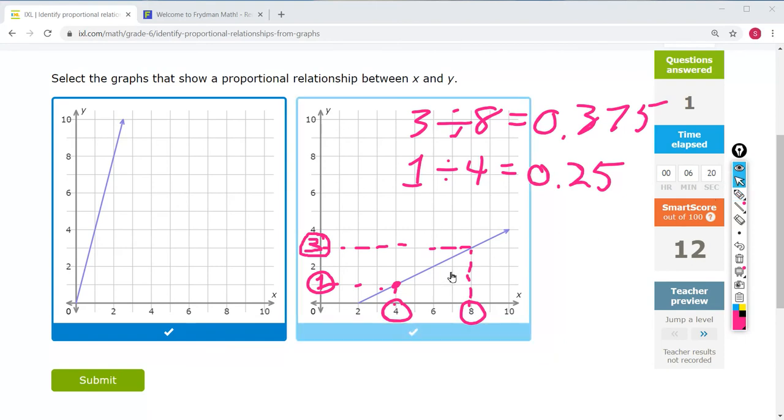So again, if those two conditions are not met, meaning straight line going through the origin, if we don't have both of those conditions met, then the graph will end up not being proportional. So this one turned out not to be proportional, and we checked that very easily just by seeing that the line did not go through 0, 0.